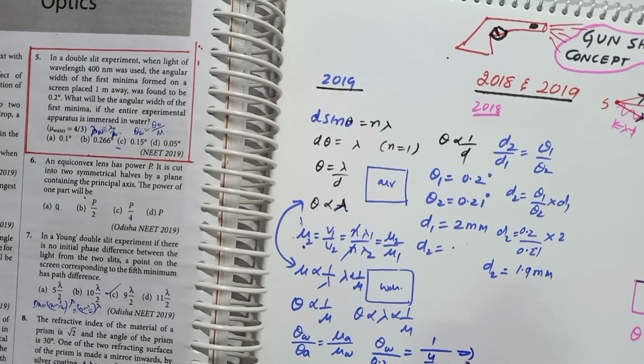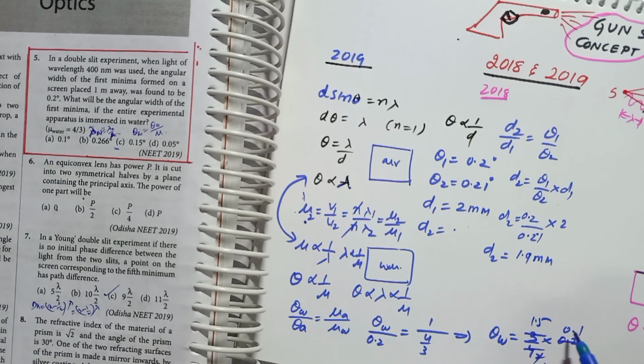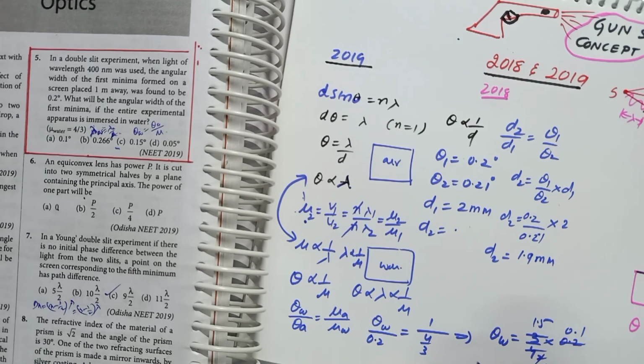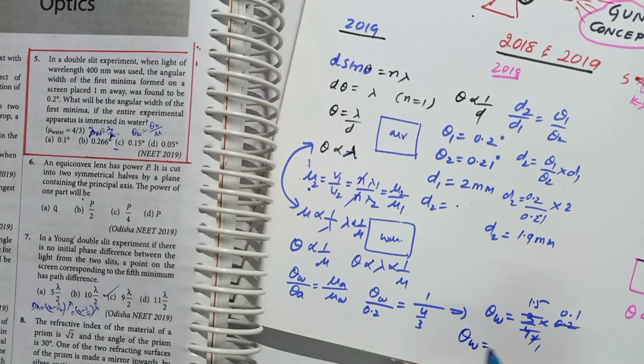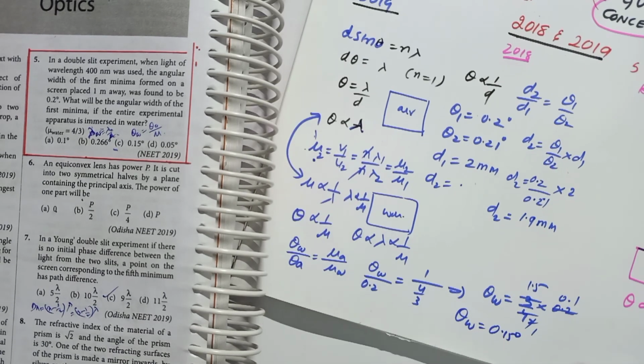This implies that theta in water will become 3 by 4, the reciprocal, into 0.2. So 2 fours are 8 and this is 0.1, so 1.5 into 0.1. With this it is clear that theta in water will become 0.15 degrees. So this is going to be the final answer in this case.